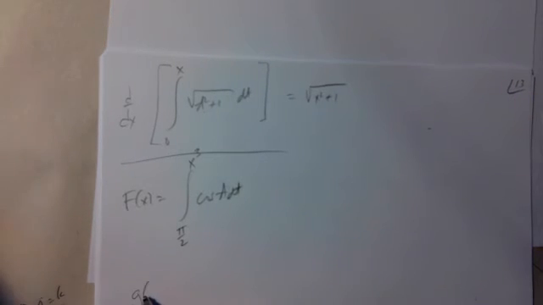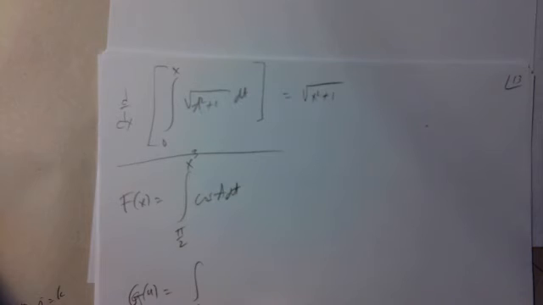So we could think of this perhaps like this. Suppose that f of u is the integral from pi over 2 to u of cosine t dt.